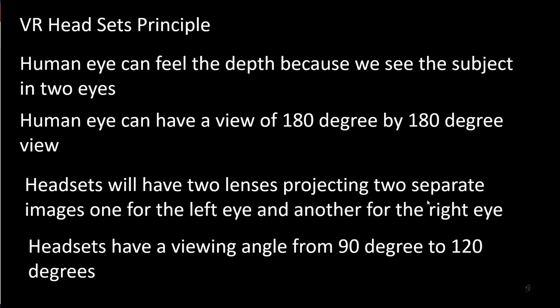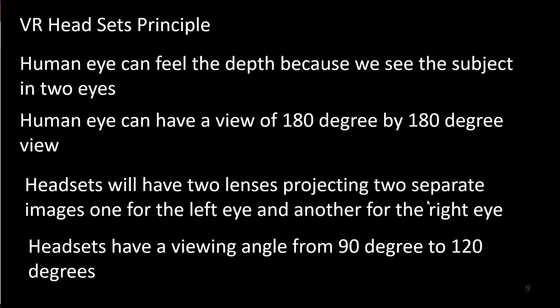Now, how does a VR headset work? In reality, we can see depth, and we can see the picture 180 degrees from the left to the right and from the top to the bottom. We can enjoy a 180 by 180 degree image only because humans have two eyes.